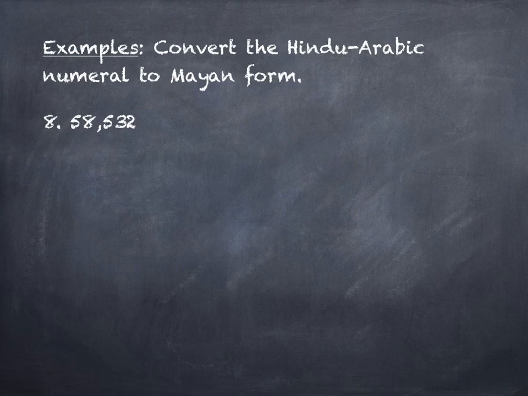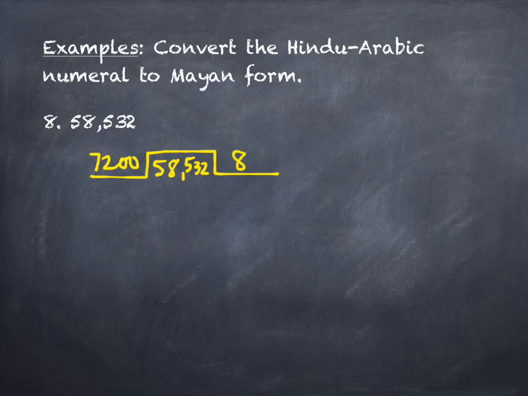58,532. All right, what's the biggest place value that this one could be divided by? 7,200 will work. So this one's division is going to have more in it than the last one did. Quite a bit, actually. All right. So how many times will 7,200 go into 58,532? I said it the wrong way, but you know what I mean. Divide. 8. Thank you.